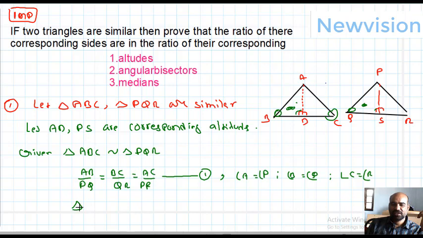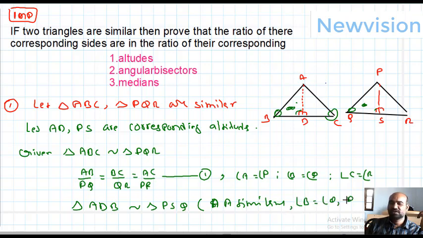I will write triangle ADB is similar to triangle PSQ, from AA similarity. Why? Because angle B equal to angle Q and angle D equal to angle S equal to 90 degrees. So if two triangles are similar, their corresponding sides are in proportion. So I can say that AD by PS equals AB by PQ, which is also equal to BD by SQ.